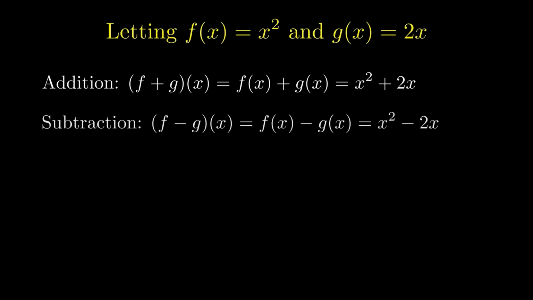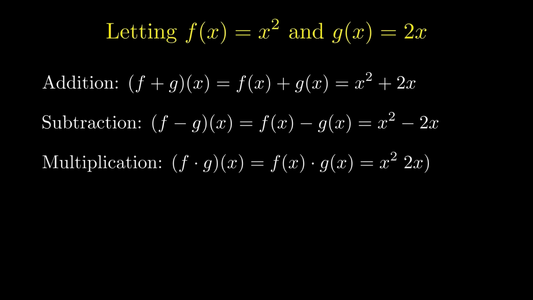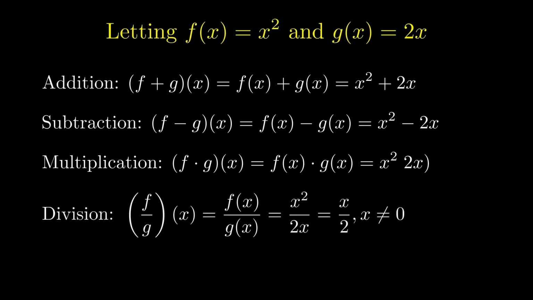Subtraction. f minus g of x equals f of x minus g of x equals x squared minus 2x. Multiplication. f times g of x equals f of x times g of x equals x squared times 2x. Division. f over g of x equals f of x over g of x equals x squared over 2x equals x over 2, where g of x does not equal 0.